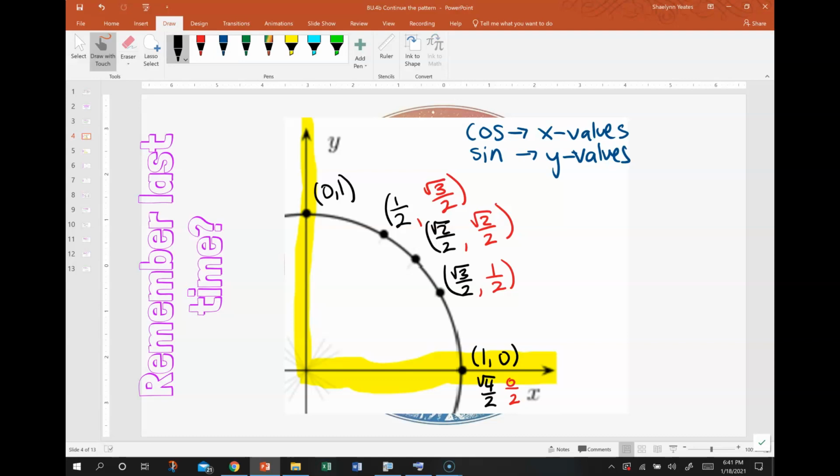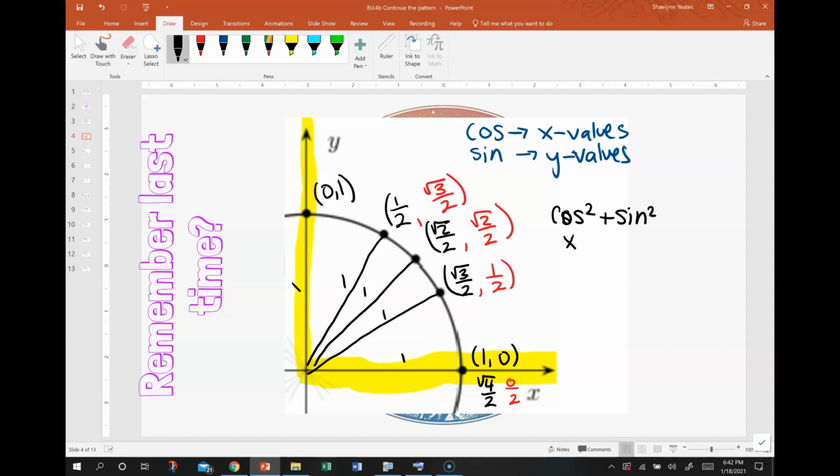If this is the unit circle, our hypotenuse is always 1. So this is 1, this is 1, this is 1. I mean, our radius is always 1. All of those are a length of 1. So if we take our cosine squared, it doesn't matter which cosine, because they're all the unit circle, and we add it to our sine squared.